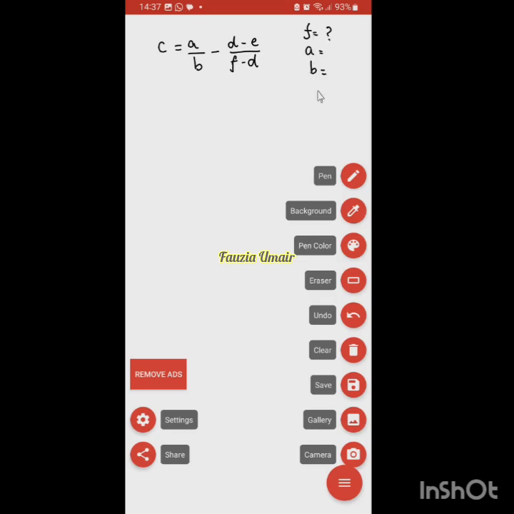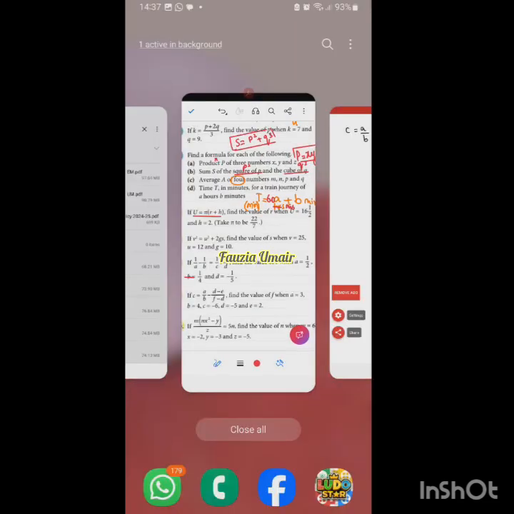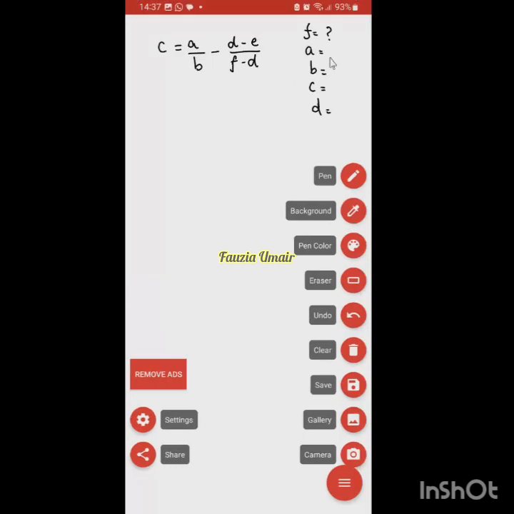So how many variables are there? Ma'am, 5. 5 variables. So A is 3, B is 4, C is minus 6. Oh, actually, it is D minus E. 3, 4, 5, 6, नहीं है? There are 6 variables.